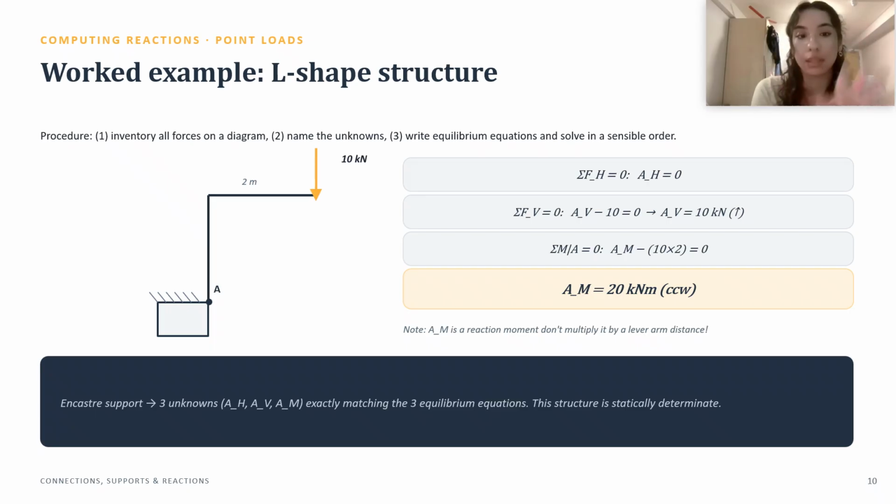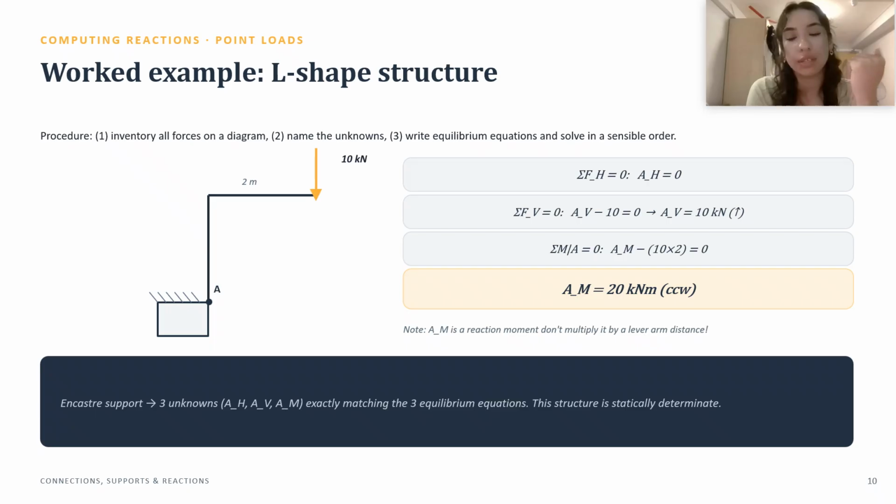It's only that. So AH is 0. Now the total vertical forces must be 0. We have only another vertical force that's opposing it, which is the 10 kilonewtons going downwards. Therefore, AV must be 10 kilonewtons going upwards.